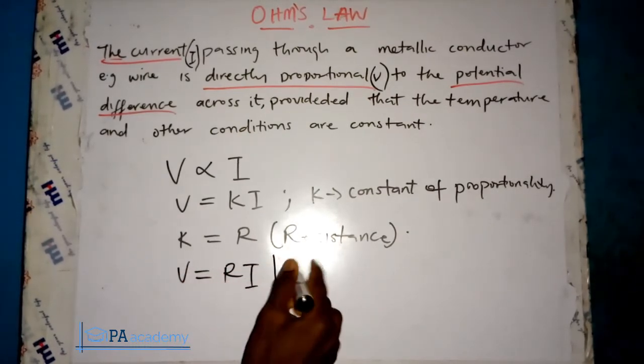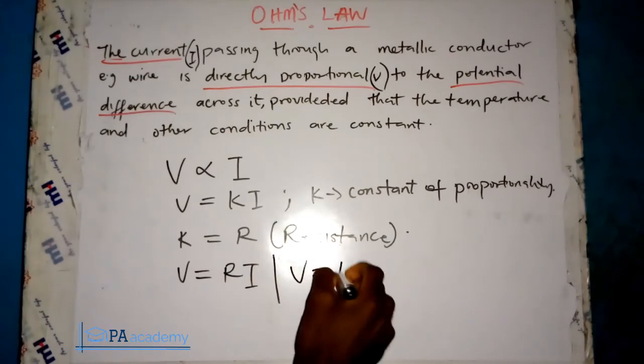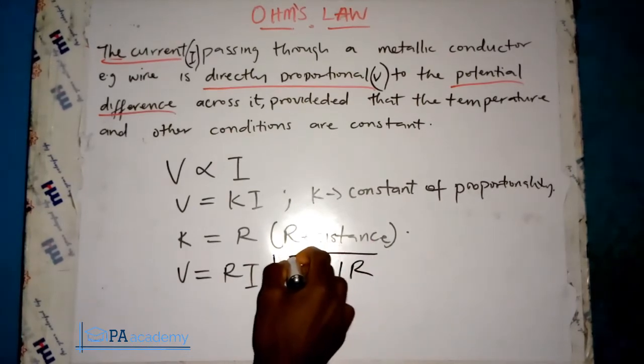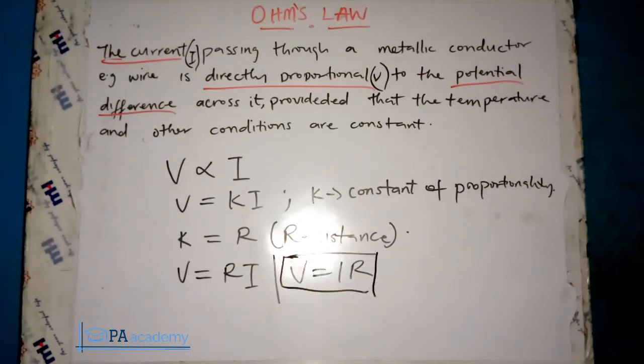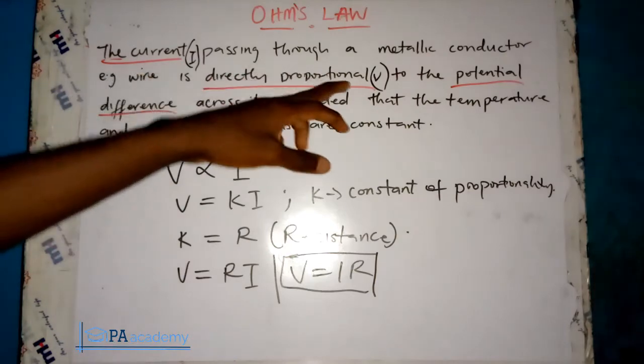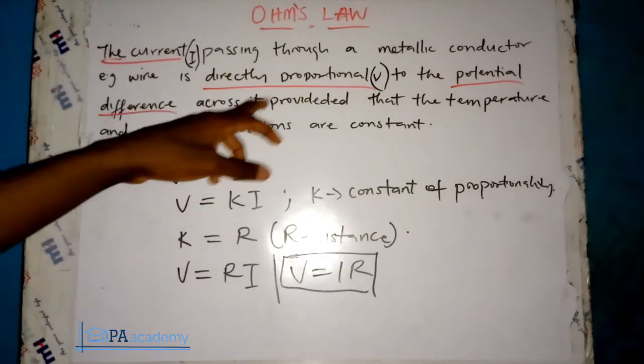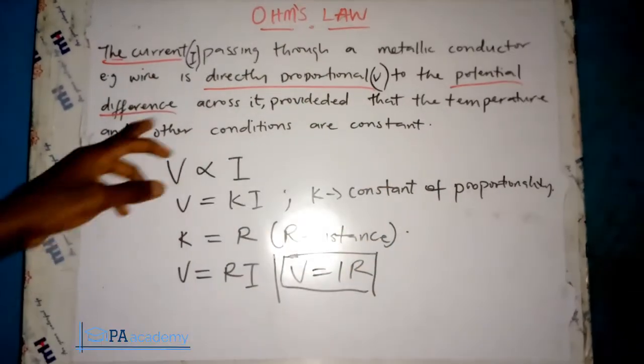So we can write it properly as V is equal to IR. This is a formula that you can use to get a voltage. This is one of the formulas that you can derive from Ohm's law, which says the current passing through a metallic conductor, e.g. wire, is directly proportional to the potential difference across it.